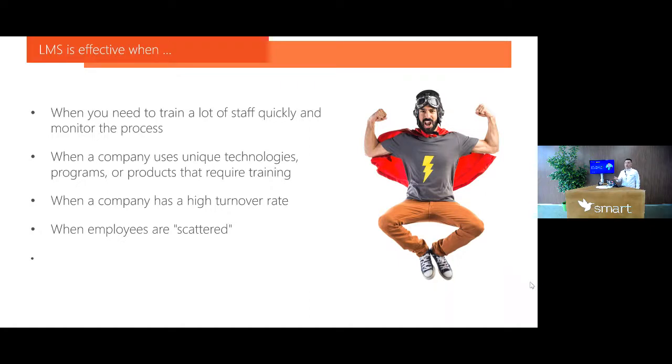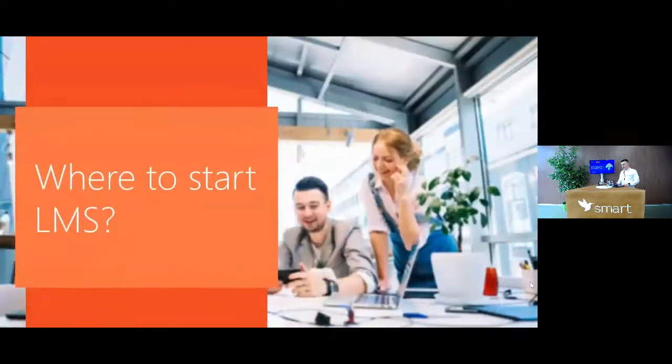So if you have a high turnover, it really depends on the retail market here, but it could be not just retail. So you have to be sure that the new employees know this information. And of course, when employees are scattered, so they are in different places, different offices, different regions, you also will be able to provide this information very quickly and in a very coherent way.